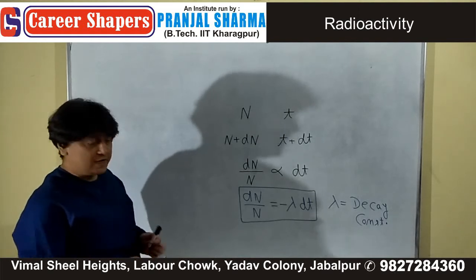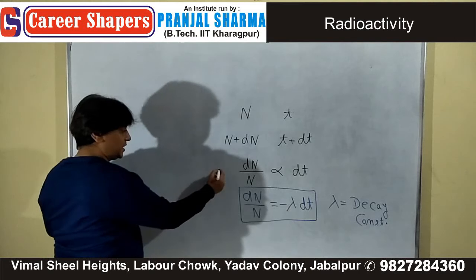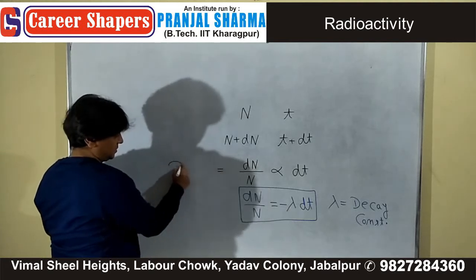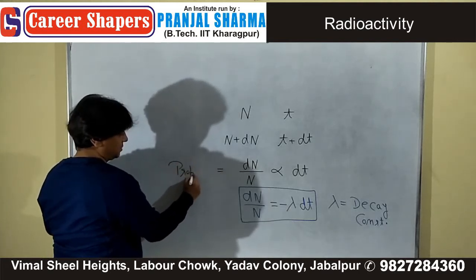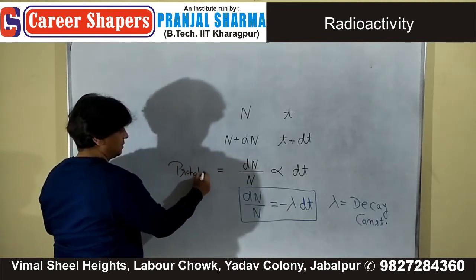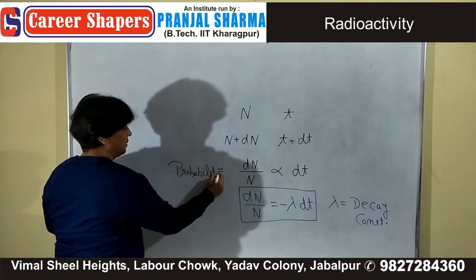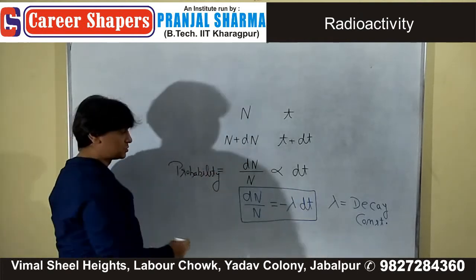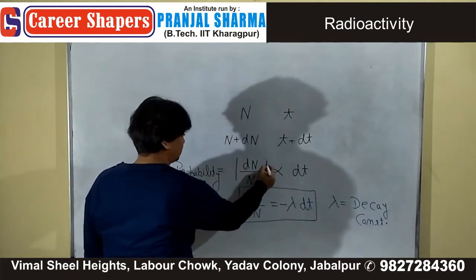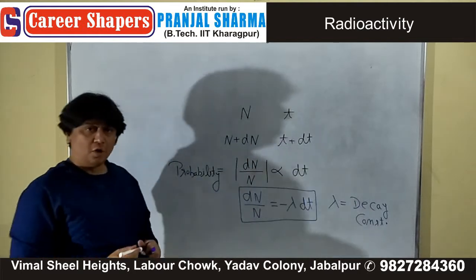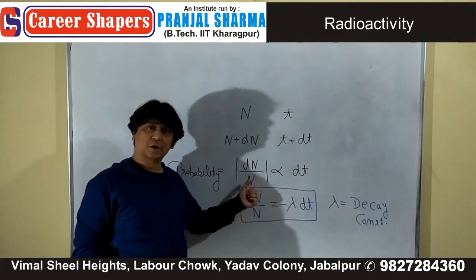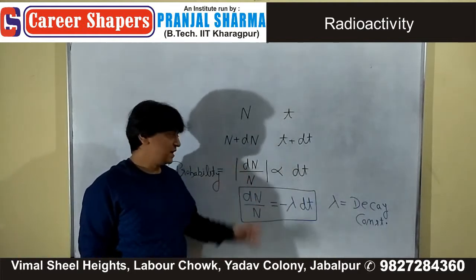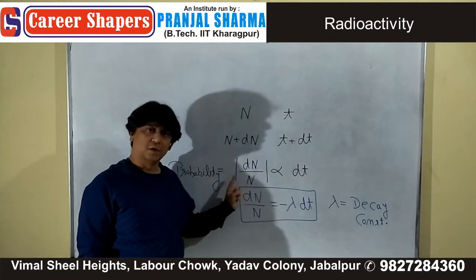Now, if you write this thing as probability, you can write it like this with a modulus, because without the modulus, this probability will look negative, because dN is negative. Now the whole thing is positive.